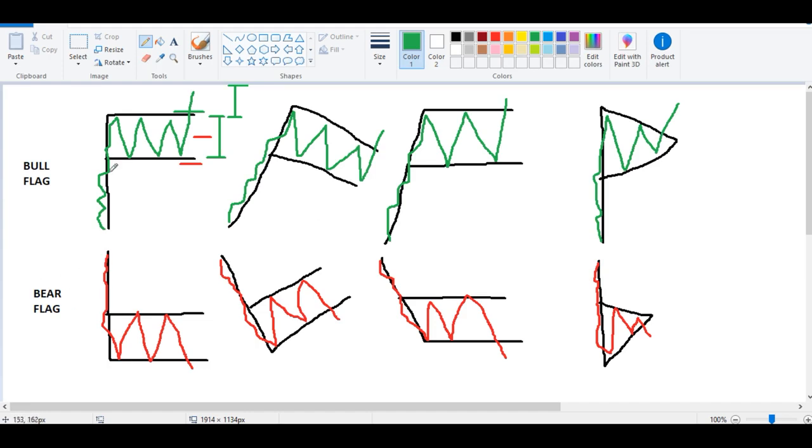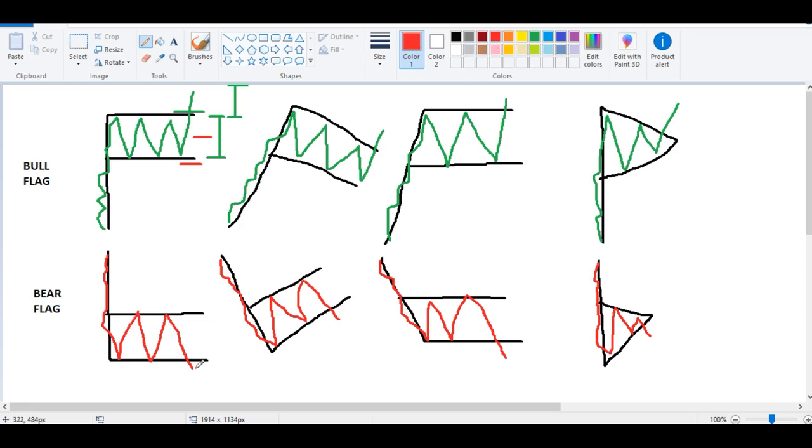Now, just like the bull flag, we also have something known as a bear flag. This occurs in a downtrend when price is trending down or it's bearish, and you get a sideways movement or a sideways consolidation in a downtrend. That is known as a bear flag.